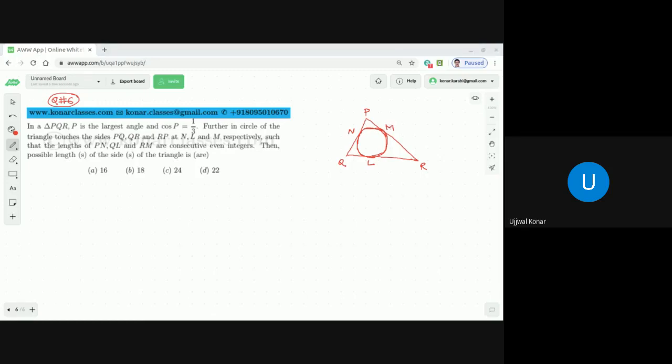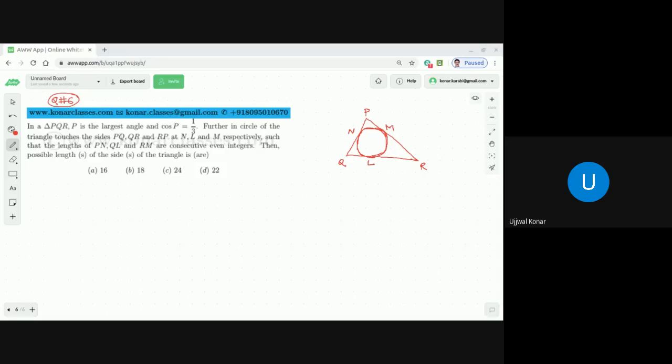So how can we think of their value, as they are consecutive integers? So how can we consider their value?